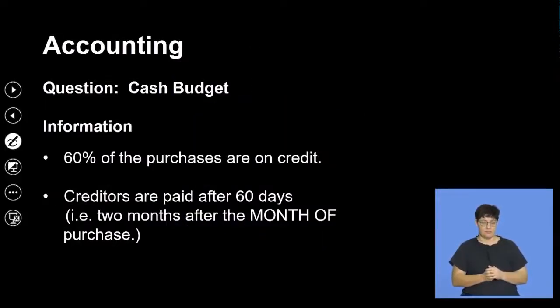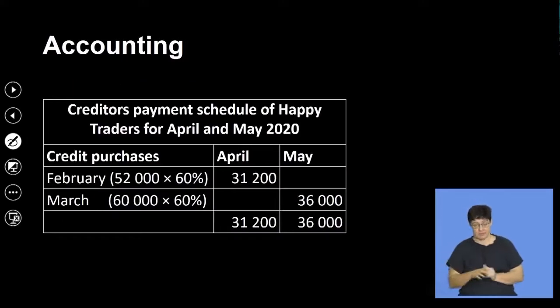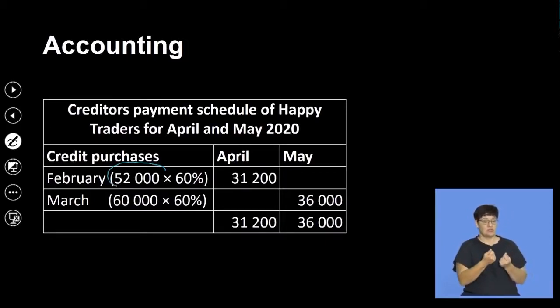You are told that 60% of the purchases are on credit, right? And your creditors are paid after 60 days. That means 2 months after the month of purchase. Okay? That's important. So if we look at our creditors' payment schedule here, we need to ascertain firstly, in February, we purchased goods to the value of 52,000 Rand.